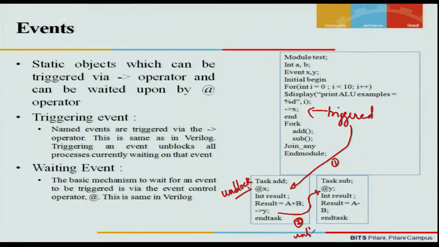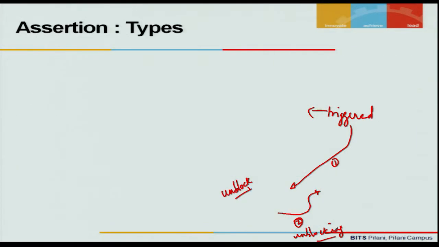So in this particular example, you have spawned two different threads, add and subtract, but they are interdependent on each other because of the events. So the first initial begin block starts the task add, and once add is done, it starts the task sub. So even though the two threads were spawned at the same time, there is an inherent sequencing happening here. Similarly, this is a waiting event which is triggered via the event control operator at.